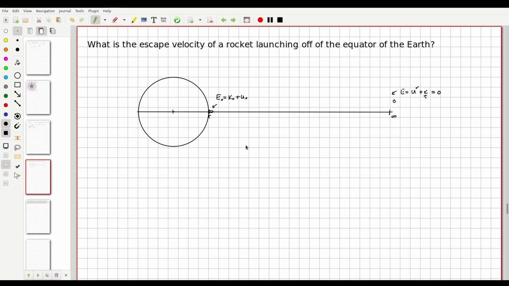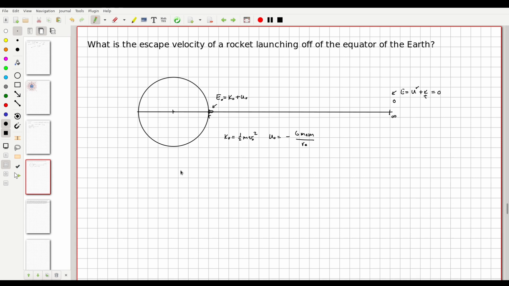Okay? So our initial kinetic energy here would equal 1/2 mass of our rocket times v squared, our initial velocity that is. And our potential energy here would be minus G mass of the Earth, mass of the rocket, divided by the distance from the center to where the rocket is, which would be the equatorial radius.